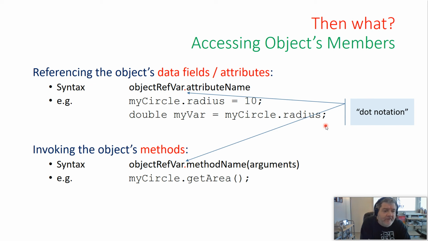And what's true with accessing the attributes of an object is true also with executing the methods of that object. So if I want to run the method getArea on a specific object that is referred to by the variable myCircle, then I write simply myCircle.getArea, and that's it. That's the dot notation.